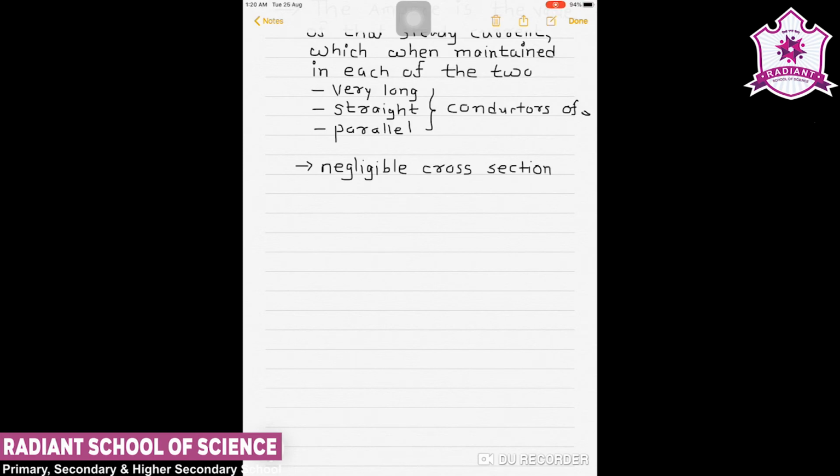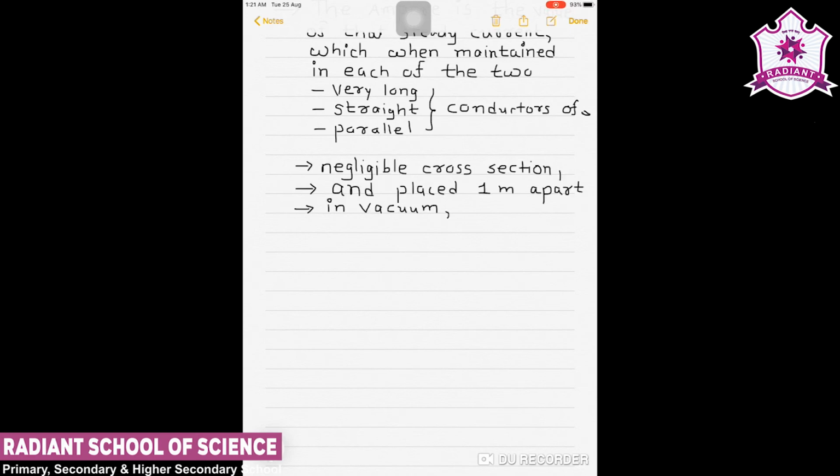So we have to keep them of negligible cross section and placed 1 meter apart in vacuum. That is the basic condition, that we have to put it in a vacuum.